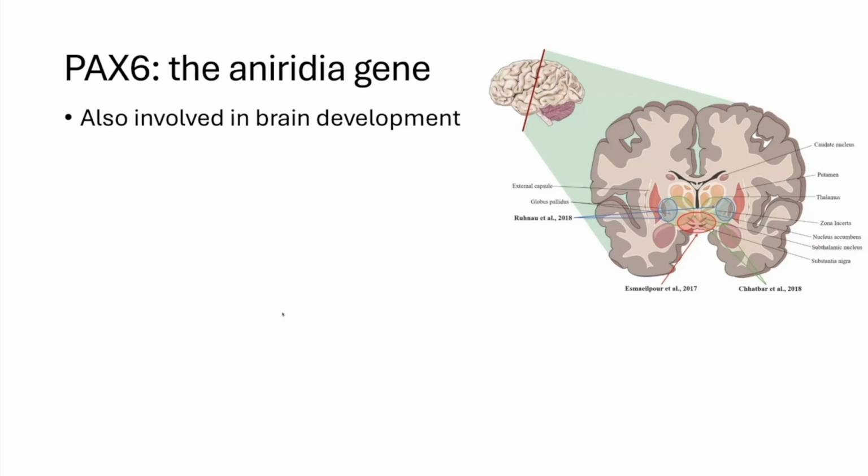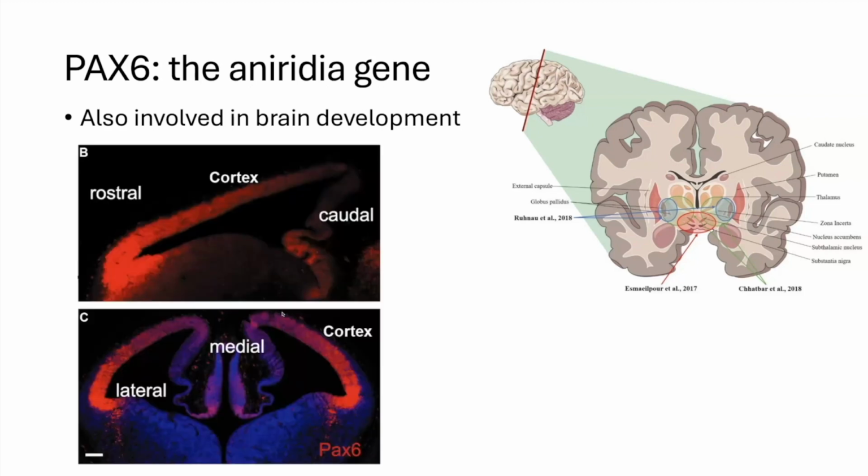One bulge at the top, which is the cerebral cortex, and one at the bottom, which is the ganglionic eminence. These two bulges are important because they give rise to the two types of neurons we have in the brain: the excitatory neurons, which give excitation to the brain cells, and inhibitory neurons, which dial down this excitation.